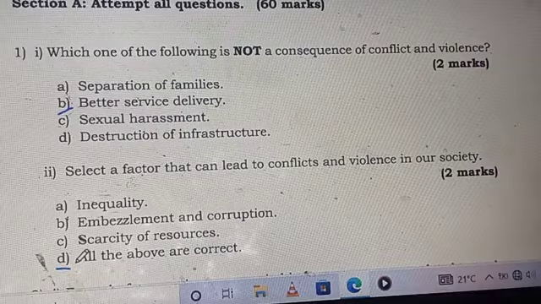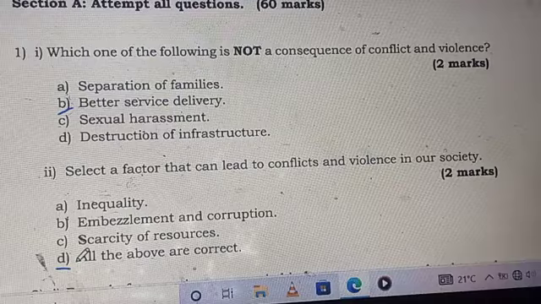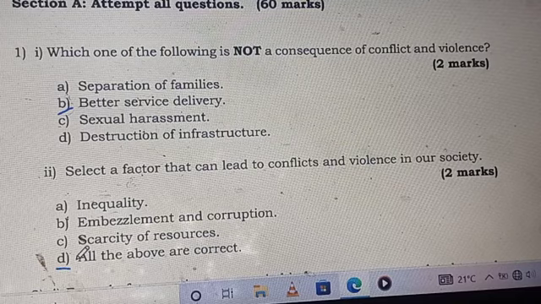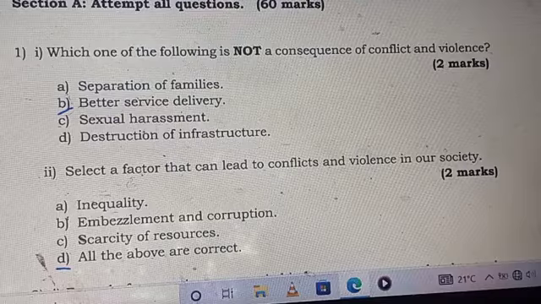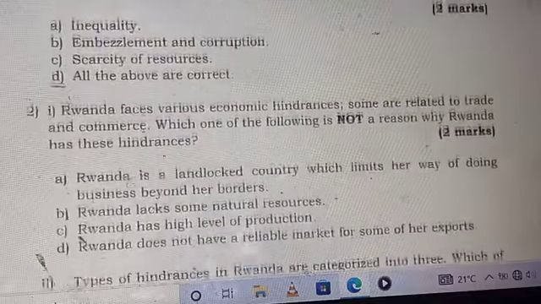Inequality, corruption, and scarcity of resources all create disagreement and competition in society, which may lead to violence. Let's continue to the next question.